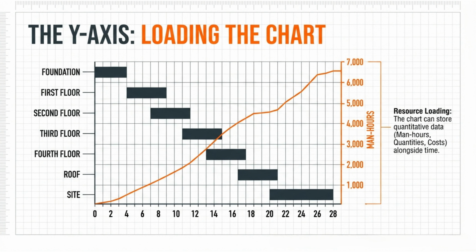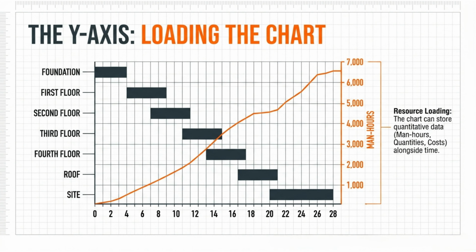So far, we've been treating the Gantt chart purely as a time tool. But here's where it gets genuinely sophisticated. The y-axis can carry quantitative data too. This technique is called resource loading, and it transforms your Gantt chart from a mere schedule into a management dashboard. Look at the example here, a multi-floor building project.